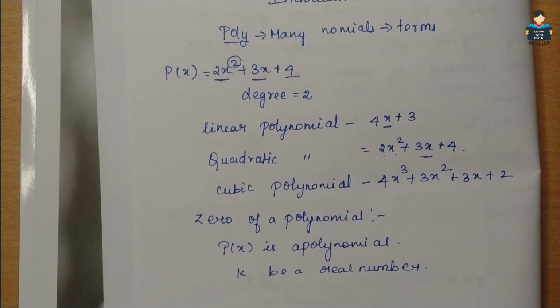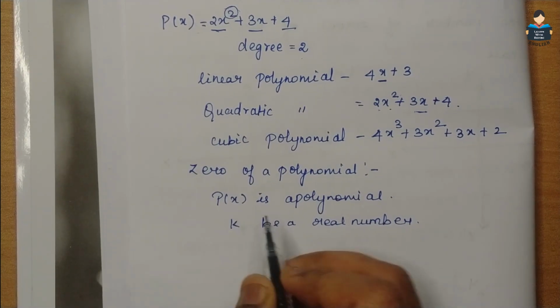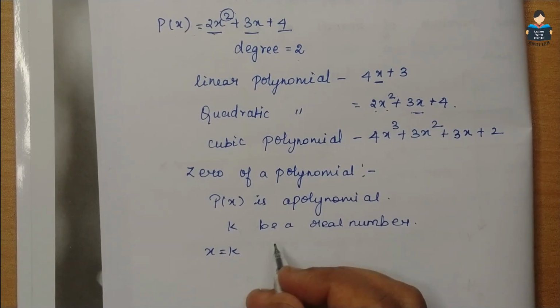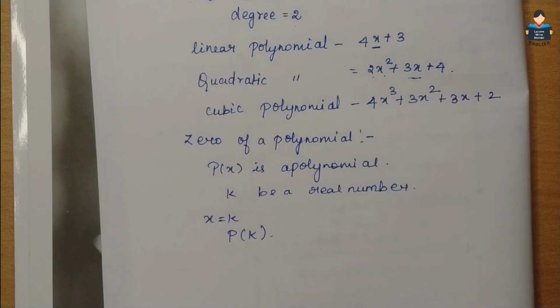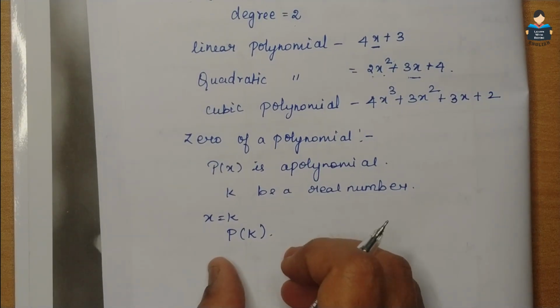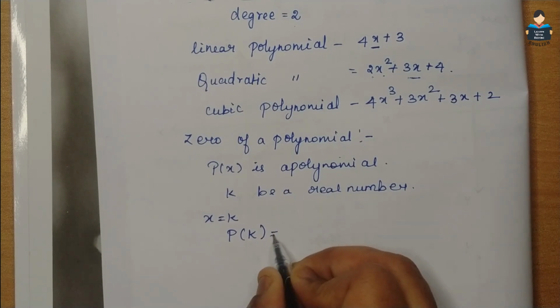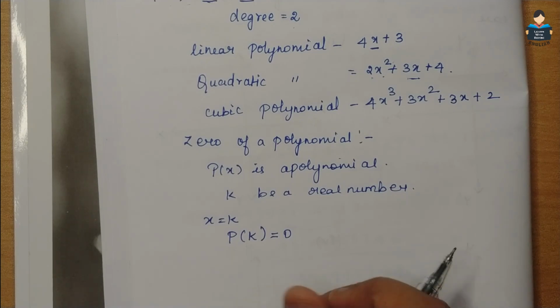When we substitute this value of k in place of x, such that x is equal to k, it can be denoted as p of k. It is called a zero of a polynomial when p of k is equal to 0. Let us see an example.